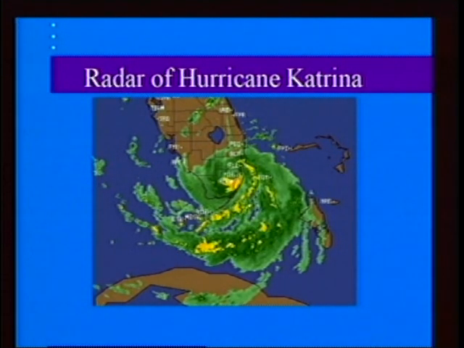This is Hurricane Katrina, and this was the same hurricane that several days later did catastrophic damage on the Gulf of Mexico coast in southeastern Louisiana, Mississippi, and Alabama. In our next lecture, in lecture number 12, we'll go over that some more.